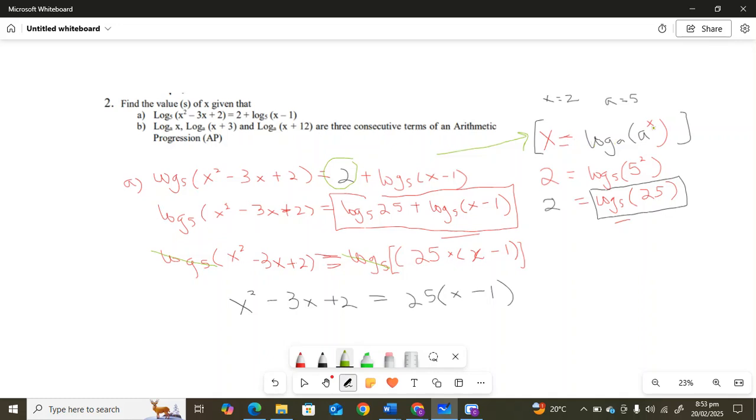You use this equation to write a number into logarithmic form. That's the equation you use.